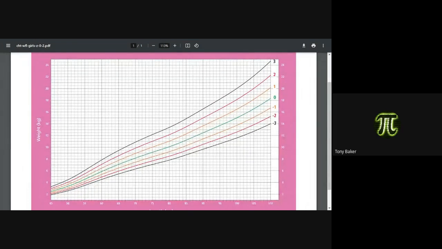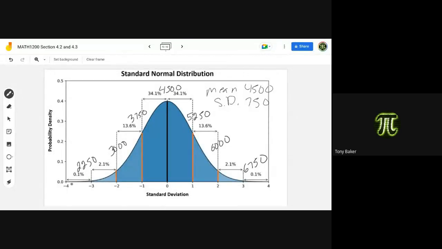This one has the 1, 2, and 3 standard deviations. 2 kilograms is at the very bottom here, and 1,500 grams is 1.5 kilograms, so that's even below that. Under 3 standard deviations is 0.1%. That means if you're weighing less than 2 kilograms, you're in the 0.1% of all the babies being born. So that's why they have to look at those types of things.